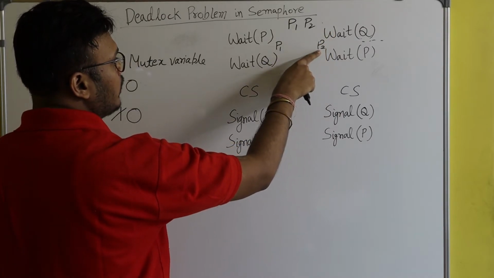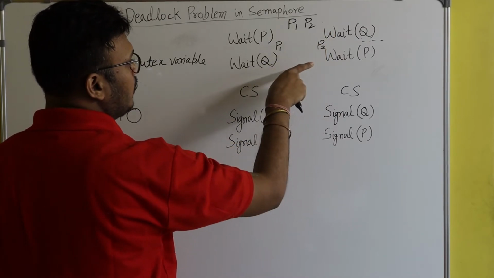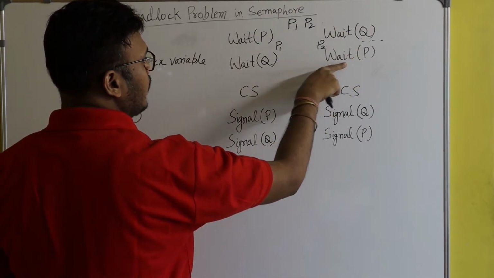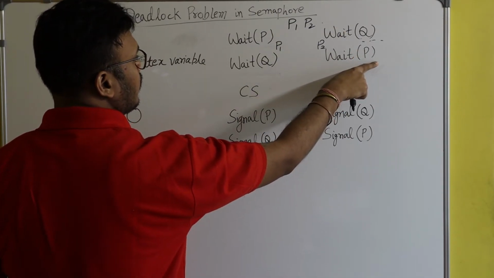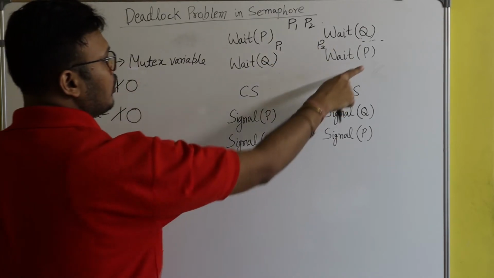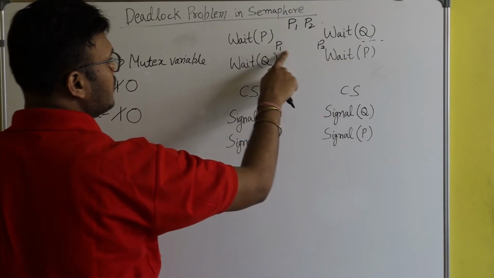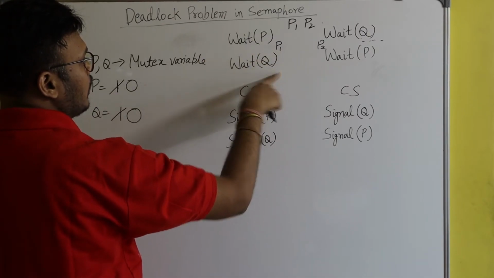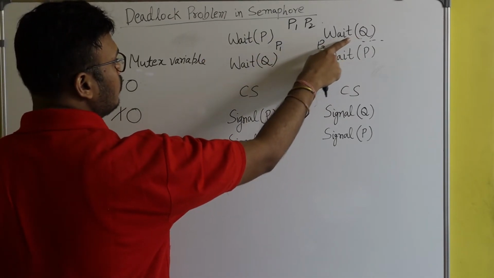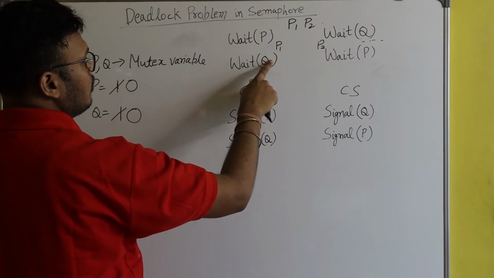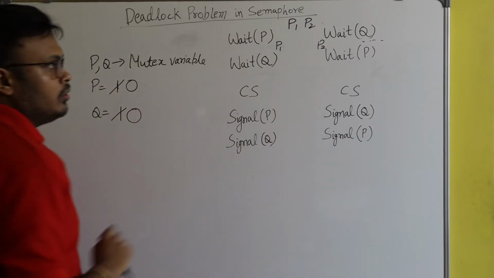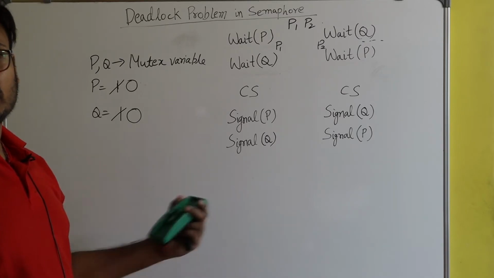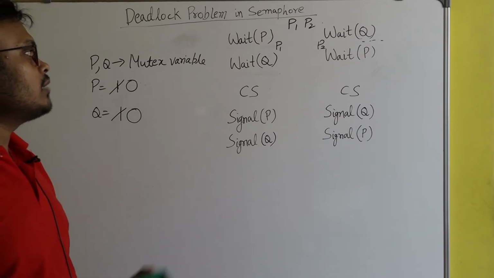Then P2 got blocked. How? Because the value of P was made 0 by P1, and also here P1 is blocked. How? Because the value of Q is made 0 by P2. Okay, so this is a clear case of deadlock while using semaphore.